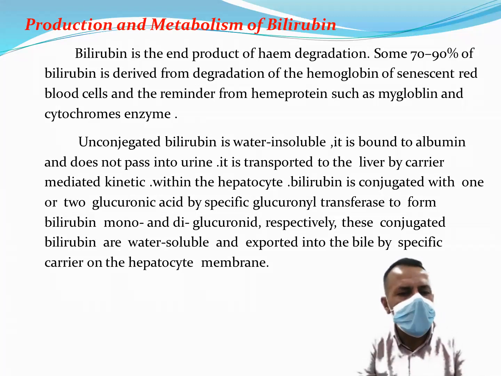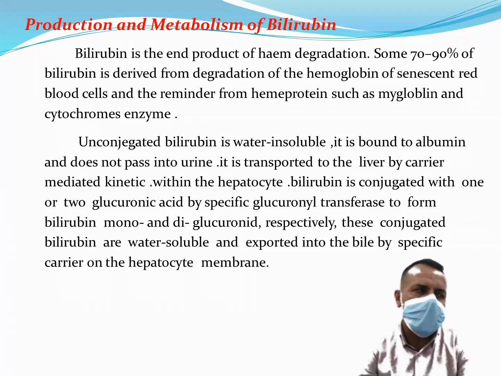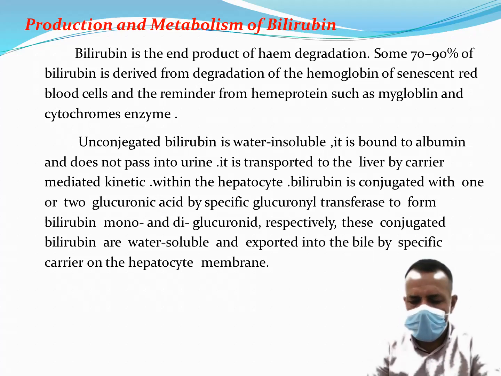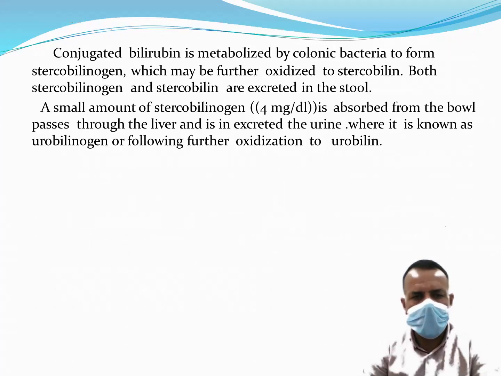This conjugated bilirubin, after conjugation in the hepatocyte, is water soluble and can be exported to the biliary system, then to the intestine, by a specific carrier in the membrane of the hepatocyte. So the water soluble conjugated bilirubin can pass in the urine and appear in the stool also.